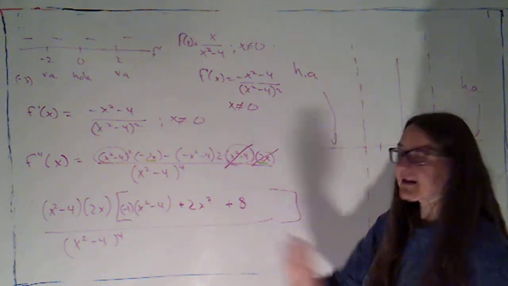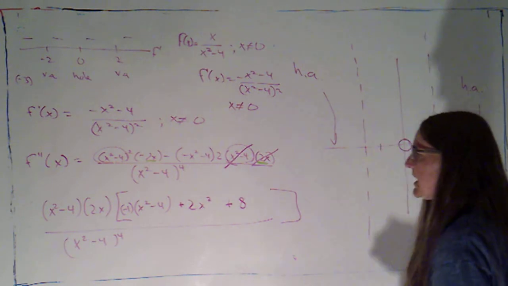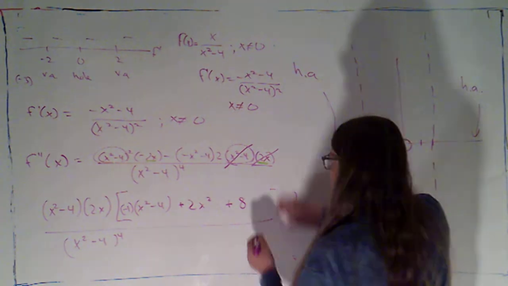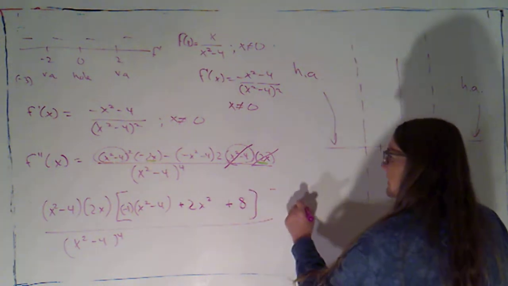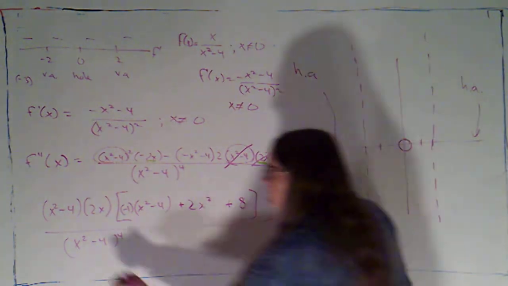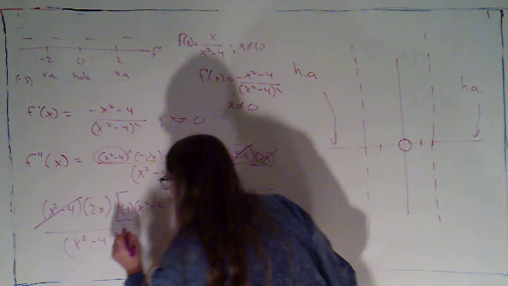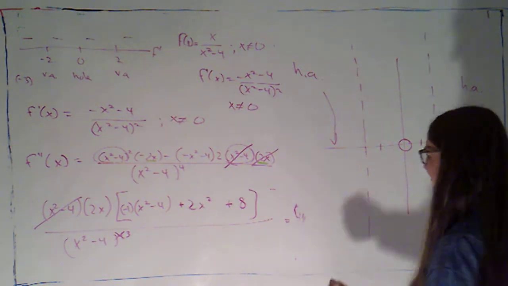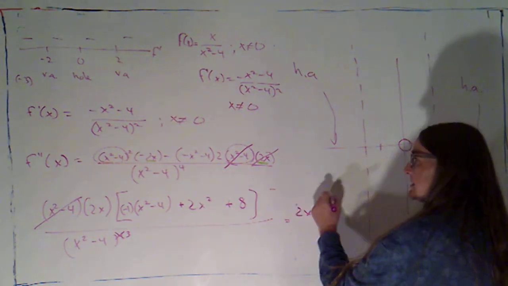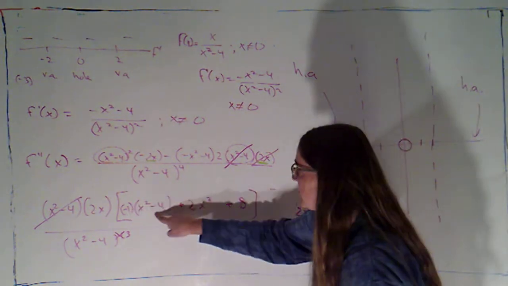So if I can factor some stuff ahead of time, that's really nice. So let's see where this takes us now. So I've got my x squared, oh, you know what? I'm going to cancel an x squared minus 4. So that just leaves me 3 factors on the bottom. So now on top, I've got 2x times, I'm going to distribute that negative.